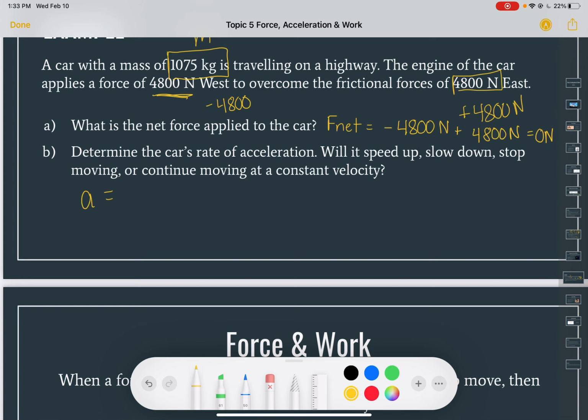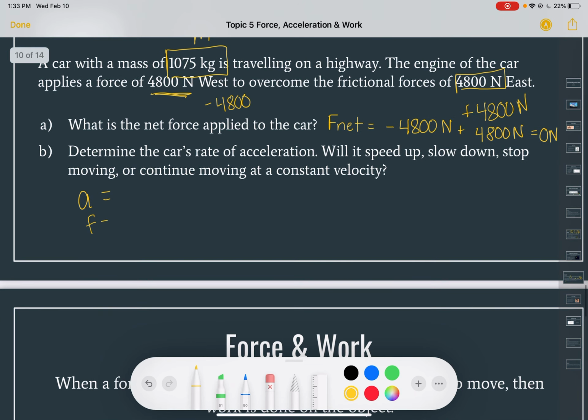So figuring out the acceleration here, we would go force is equal to, acceleration is equal to F divided by m, and in this case our force is 0 divided by our mass, which we know is 1075.